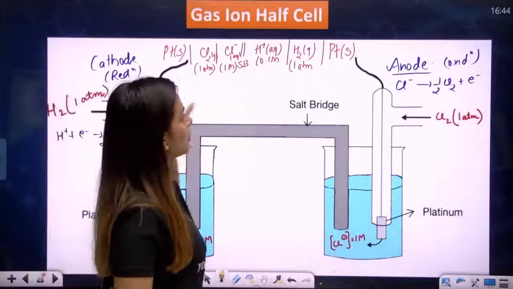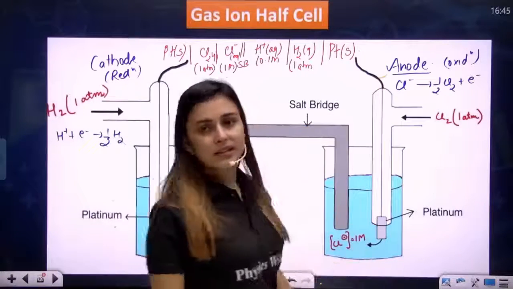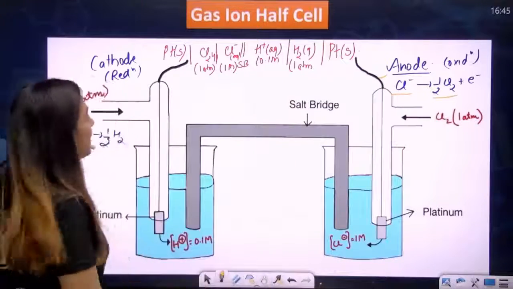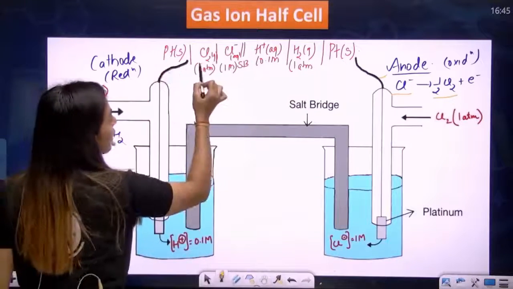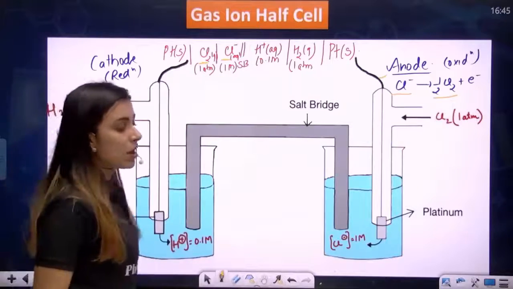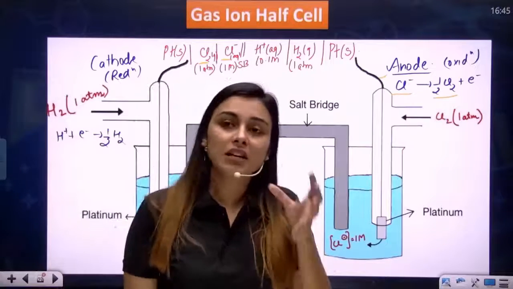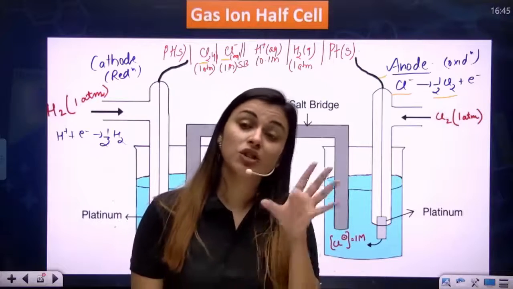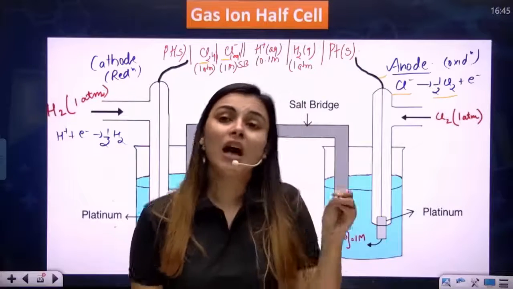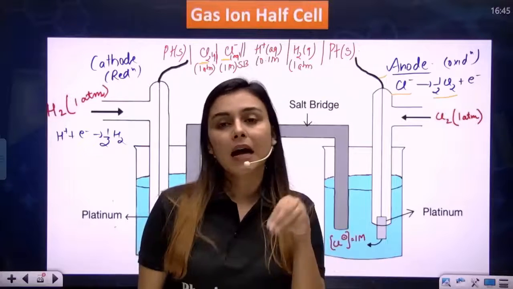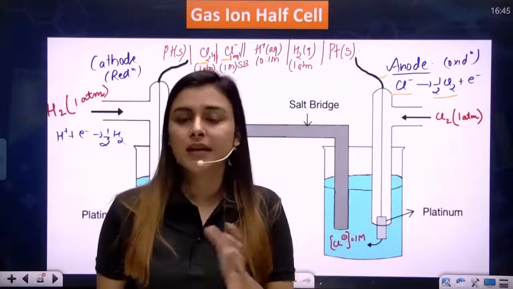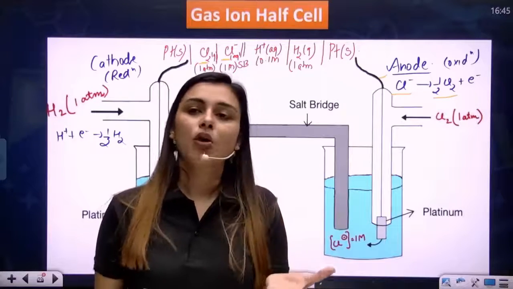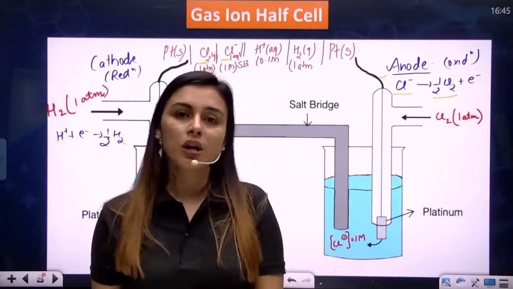Similarly, the direction of the reaction was Cl minus to Cl2, but in the representation you have Cl2 here and Cl minus here. So the representation does not give you the direction of the reaction. It only gives you what ions, gases and species are present. The direction of the reaction will be according to anode or cathode, oxidation or reduction.